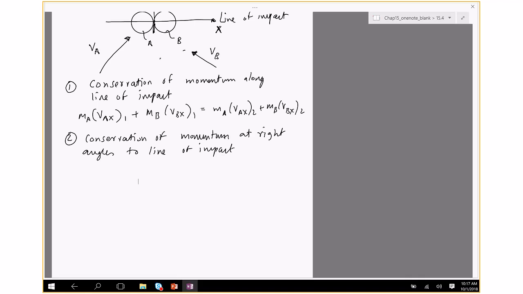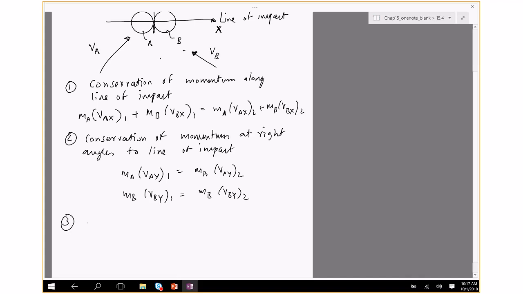The consequence is that mass of A times velocity of A in the y direction before impact equals mass of A times velocity of A in the y direction after impact. Mass of B, velocity of B in the y direction before impact equals mass of B, velocity of B in the y direction after impact.